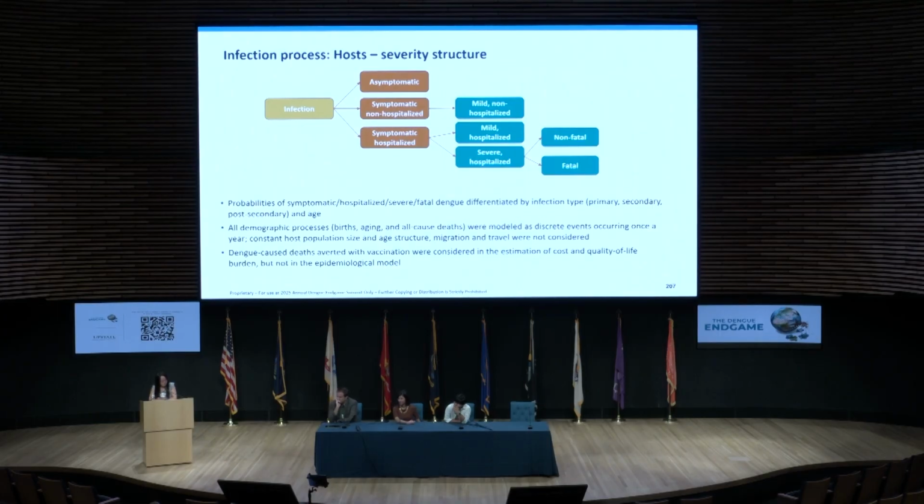If you're symptomatic and hospitalized, you can be severe or still be mild but hospitalized. Within severe, you can also have fatal and non-fatal outcomes. Essentially, we're assuming the fatal outcomes can only come from the severe hospitalized cases. The probabilities of these are informed by the different infection types, whether it's primary, secondary, or post-secondary.